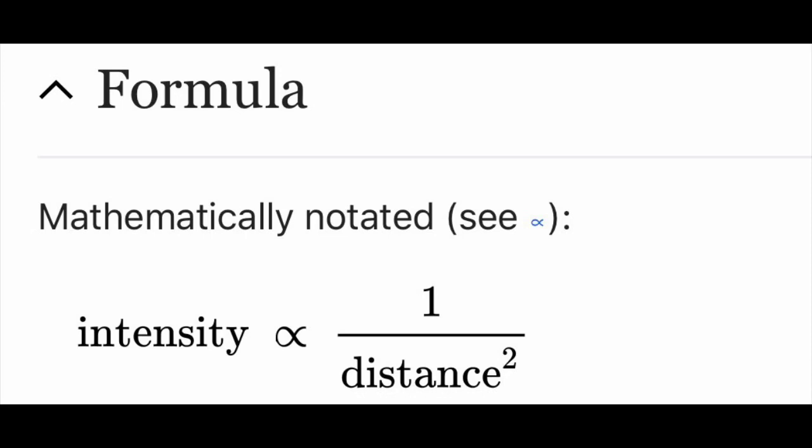The inverse squared law means that your distance towards or away from a light can be cut or multiplied by, okay, let me start backwards.